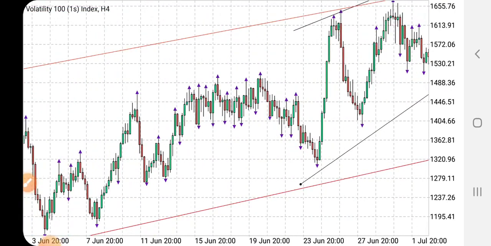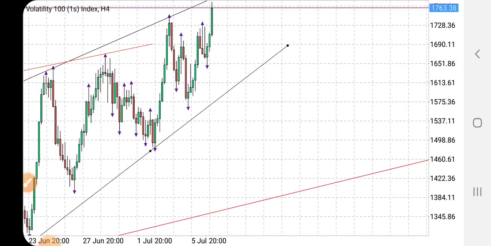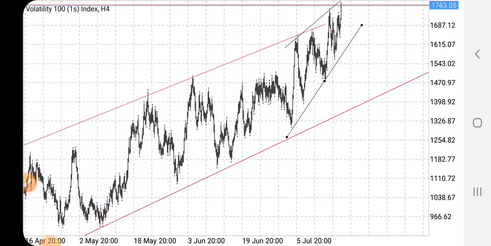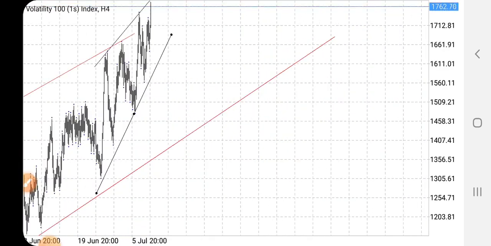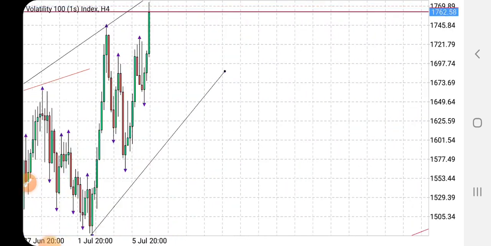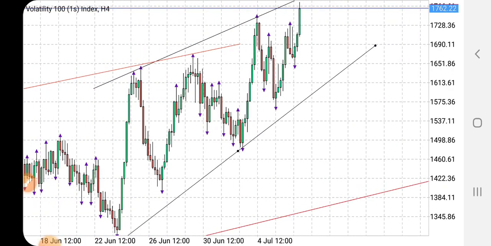Now if you look right here, I have my outer trend line, which is the red line, and I have my inner trend line, which is this black line.